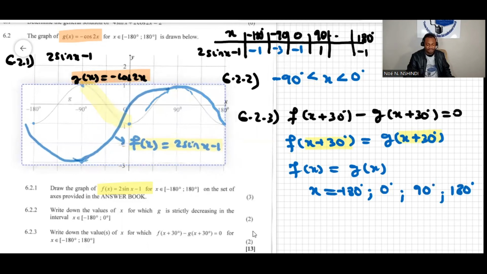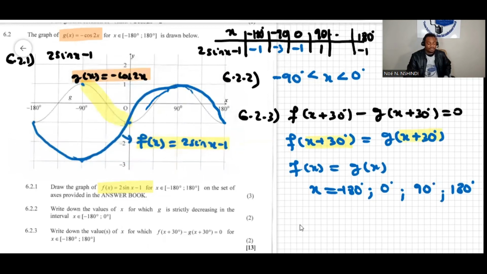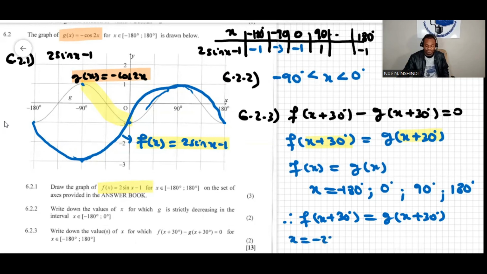Now, if they shift 30 degrees to the left, they will be equal at negative 210 degrees. So for f of x plus 30 degrees equal to g of x plus 30 degrees, one value of x will be negative 210 degrees.